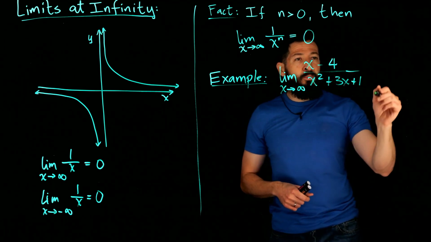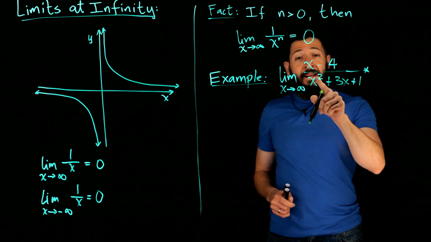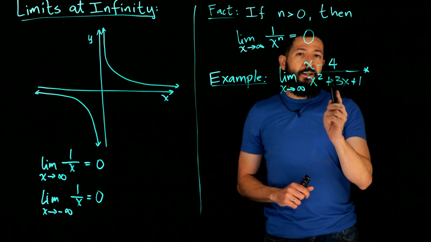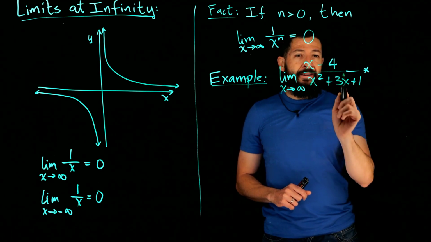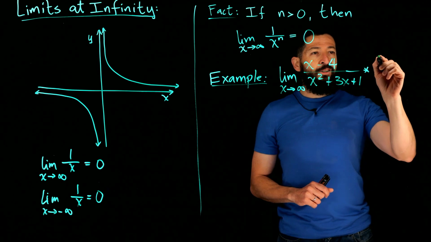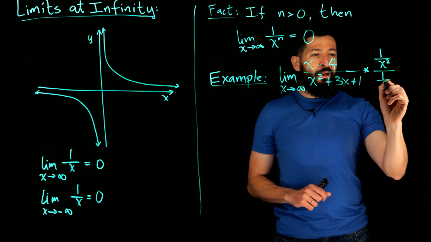So we're going to have to multiply and divide by x to the highest power that appears both in numerator and denominator. So the degree of the numerator is 1, so that's that. The degree of the denominator is 2, so I'm going to use that 2. So 1 over x squared, 1 over x squared.